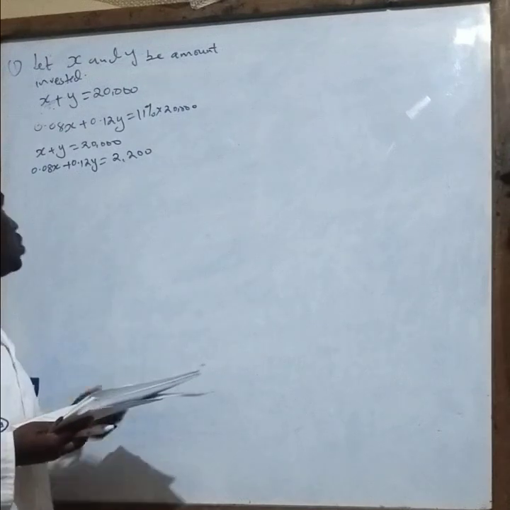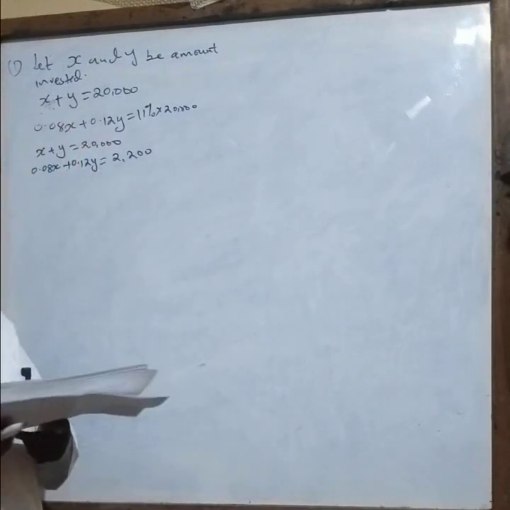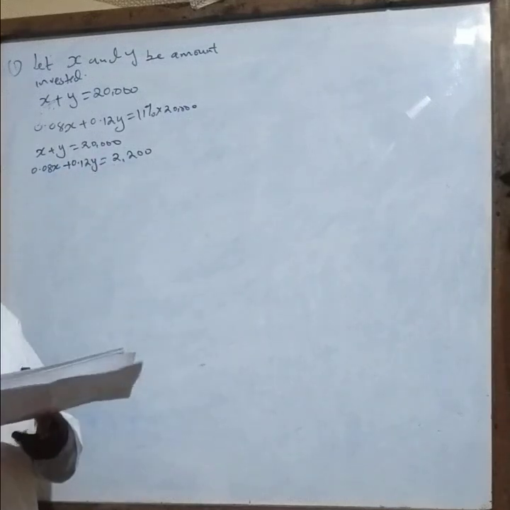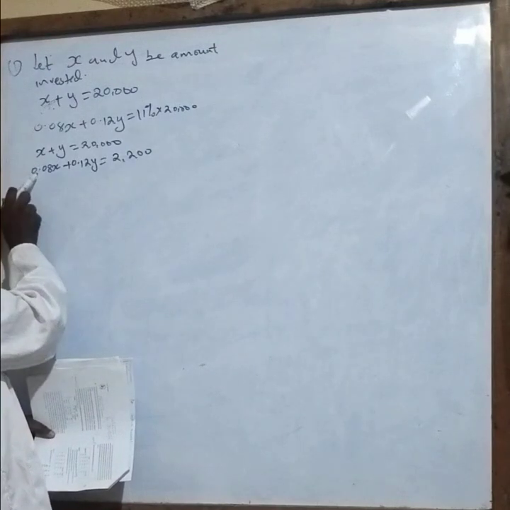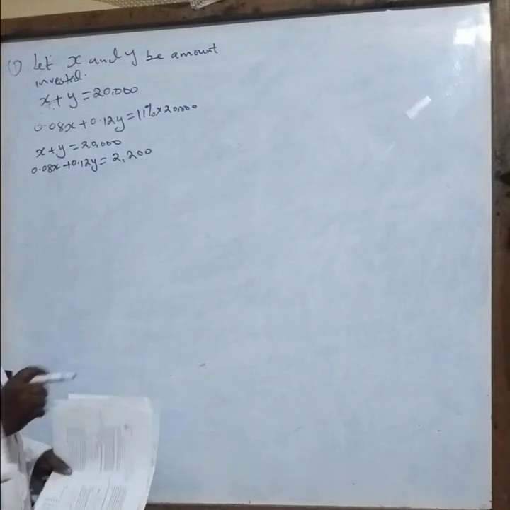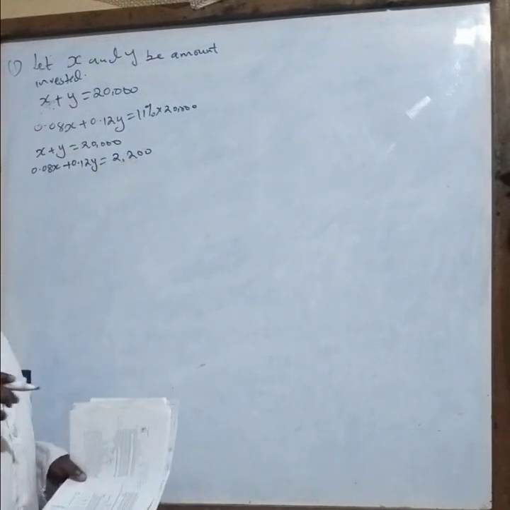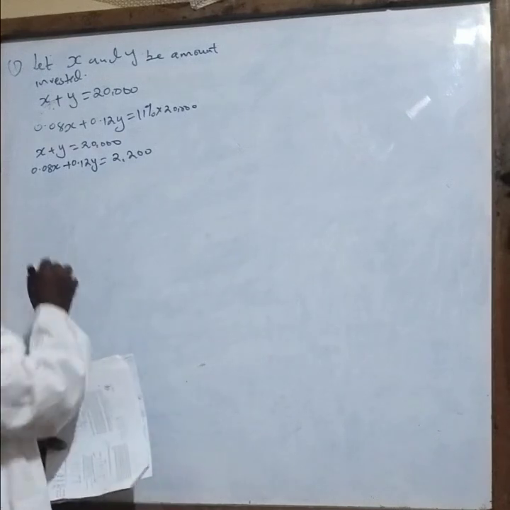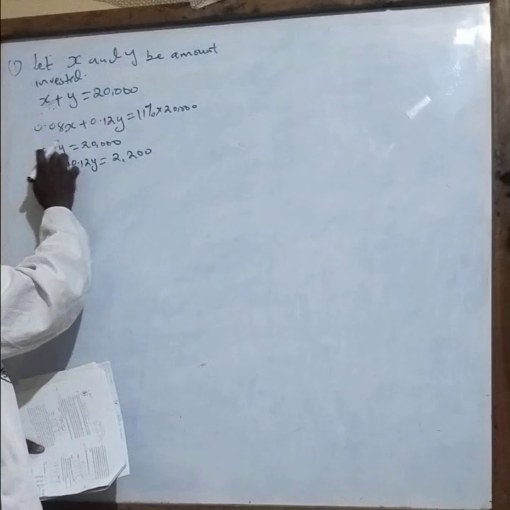The first step for matrix, once we have obtained these equations, is to write these equations in matrix form. Therefore 1, 1, 0.08 and 0.12, then x, y equals 20,000 and 2,200. So our matrix will be 1, 1 for x, y.